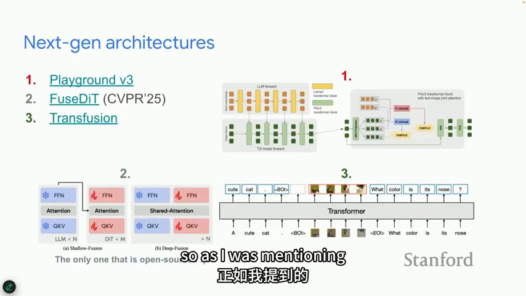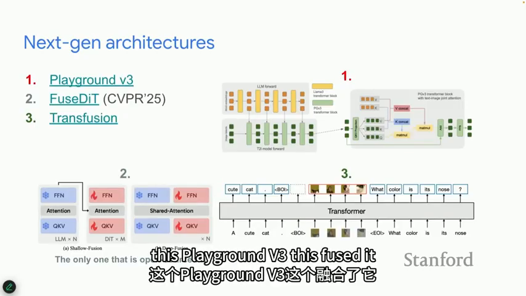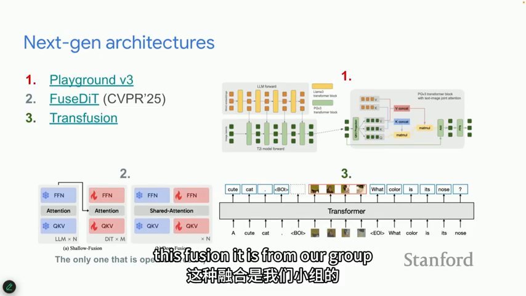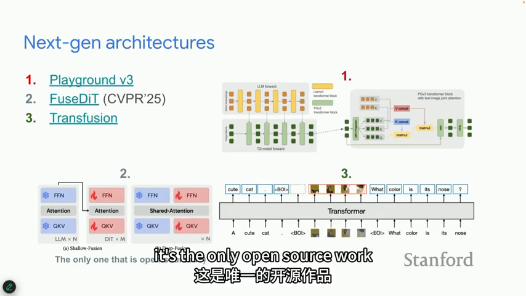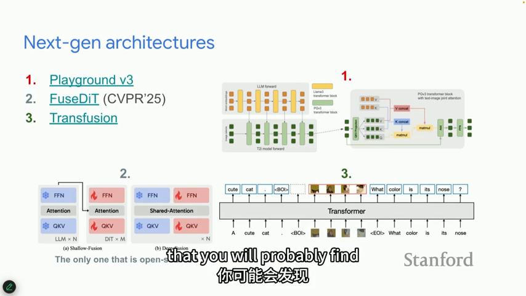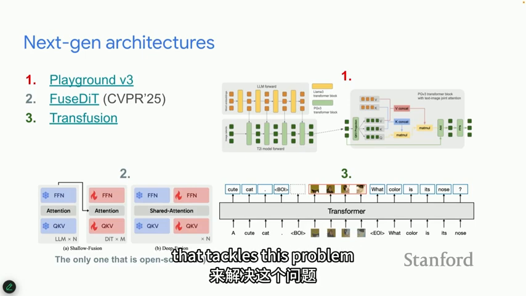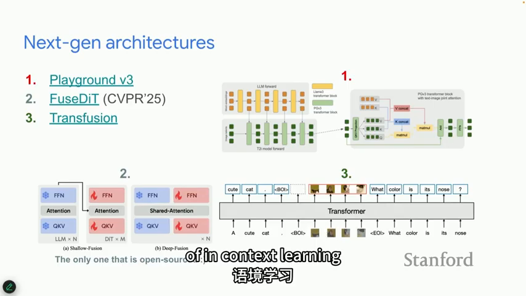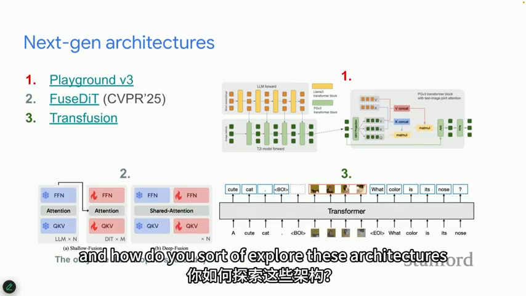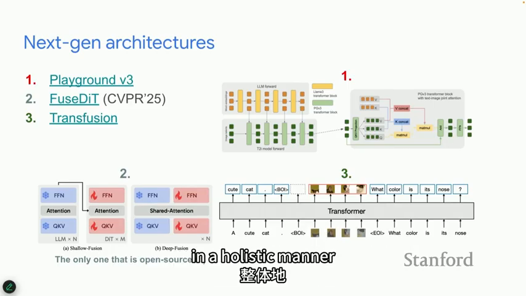So as I was mentioning, there's Playground V3, there's FuseDiT, there's Transfusion. FuseDiT is from our group. It's the only open source work that you will probably find that tackles this problem of in-context learning and how do you sort of explore these architectures in a holistic manner.